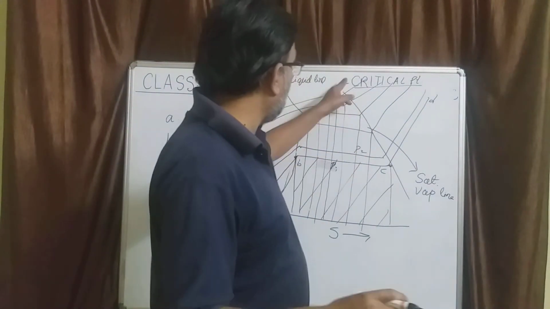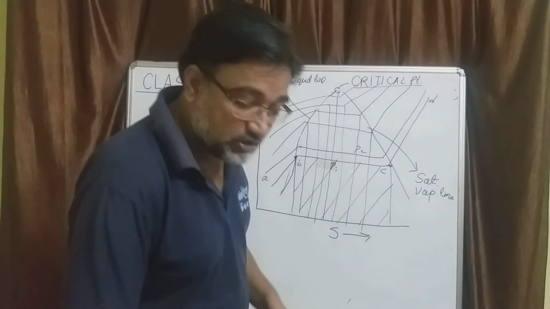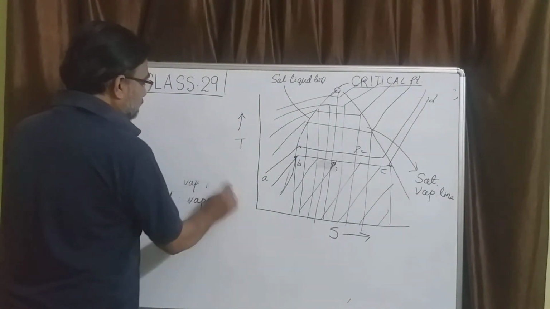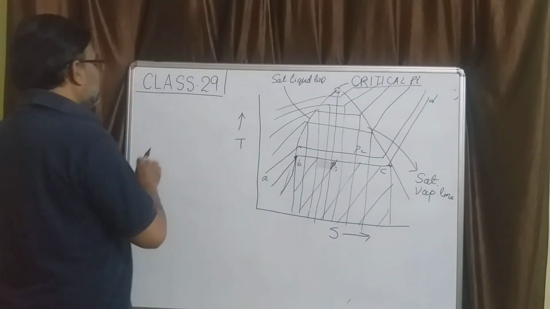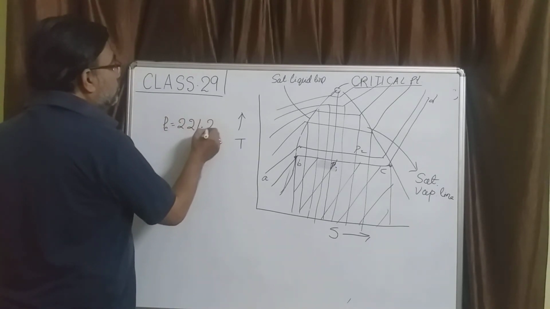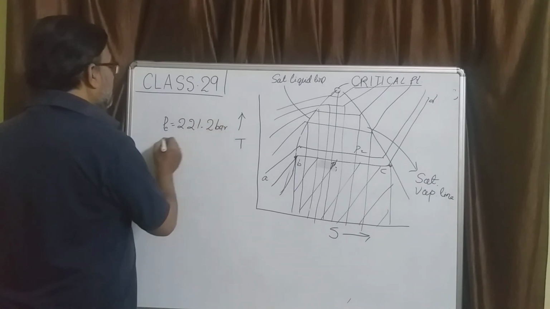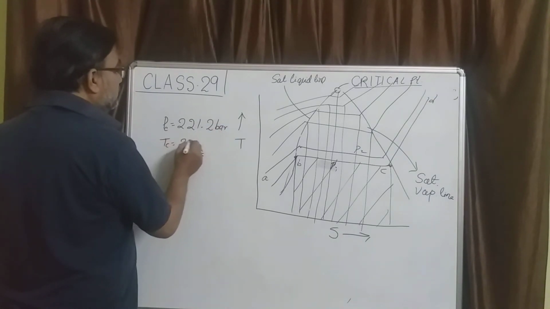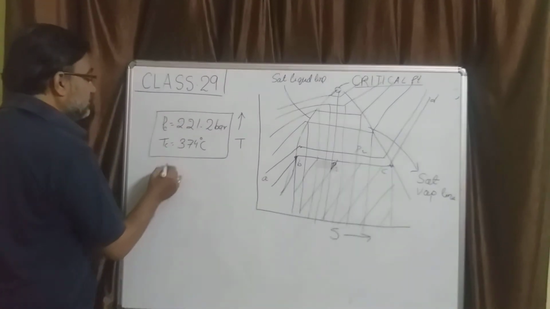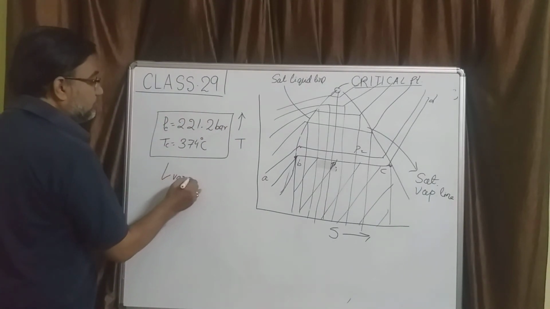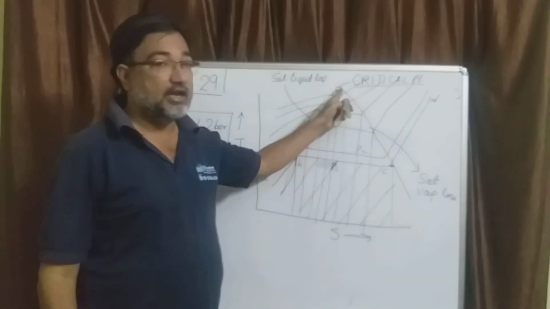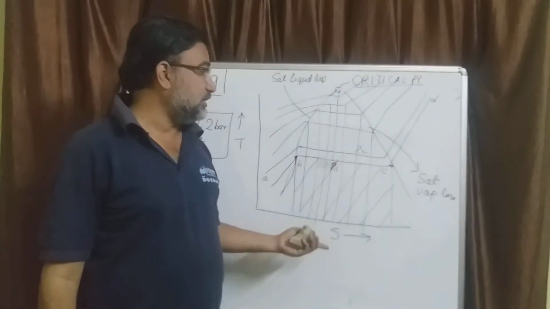And at this point, critical point, when the pressure is as high as 221.2 bar and temperature becomes 374 degrees centigrade, the latent heat of vaporization becomes zero, because the area under this straight line here, there is no straight line, it's only a point, so area under that is zero.